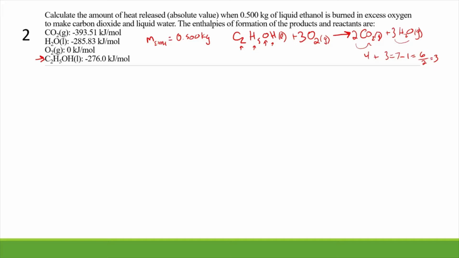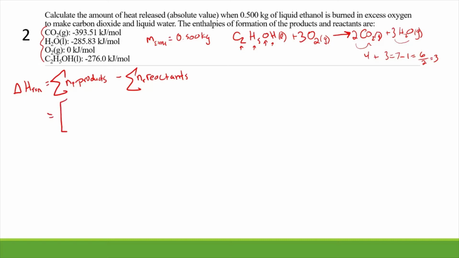Okay, so you have your balanced reaction, and then we're also given delta H's. So these are all enthalpies that they gave us. And one thing we know is that the delta H of a reaction is equal to the sum of each of the products multiplied times their coefficient minus the sum of the reactants, or your delta H's.